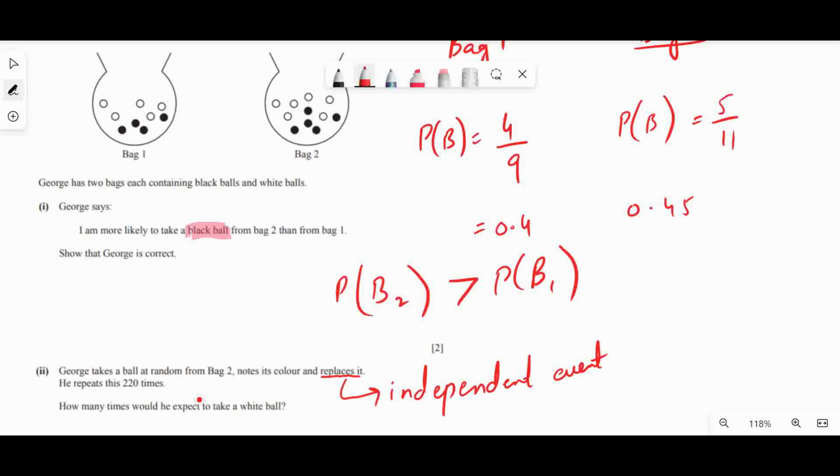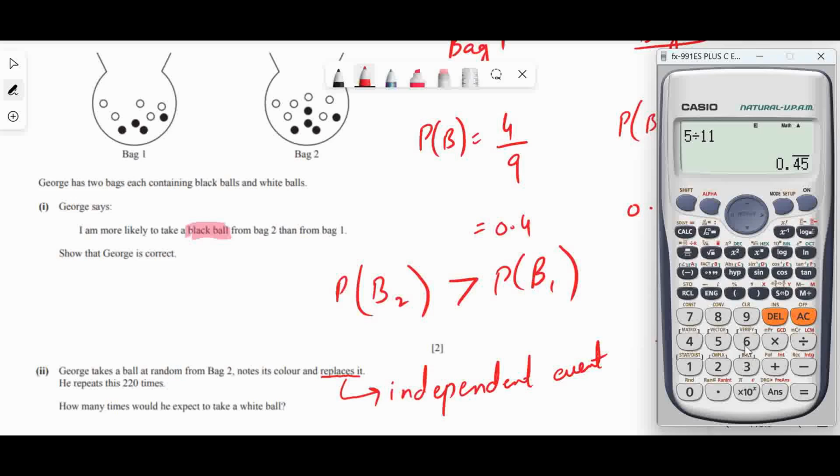So from here we can see that the probability of a white ball from bag 2 will be 1, 2, 3, 4, 5, 6, so this will be 6 by 11. This is the probability, and he repeats the experience 220 times, so we have to multiply by 220.